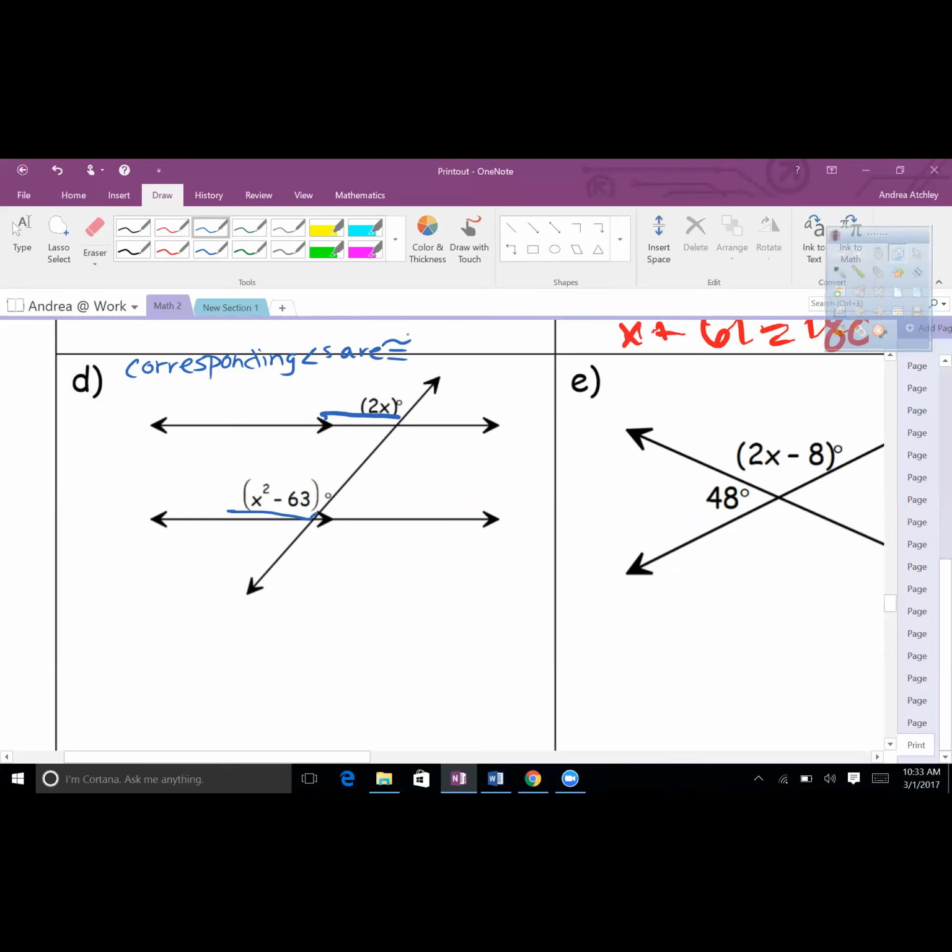Because they're on the same side of the transversal and in the same location above the lines. So this is going to give me x squared minus 63 equals 2x.